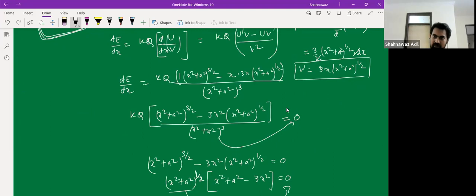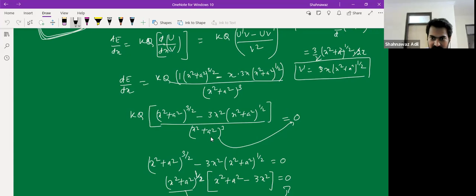Sir, we can't cancel x square plus a square. From where? This part. You are saying from the numerator, below one. Why did we remove this part?